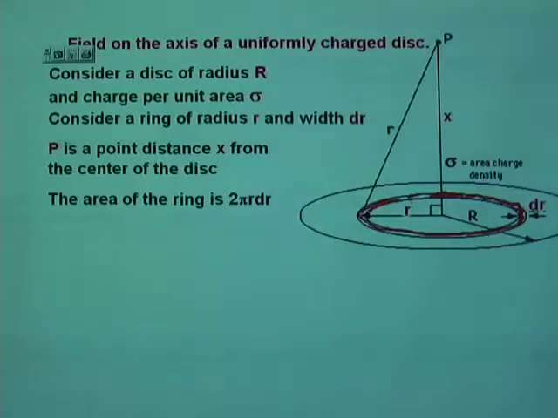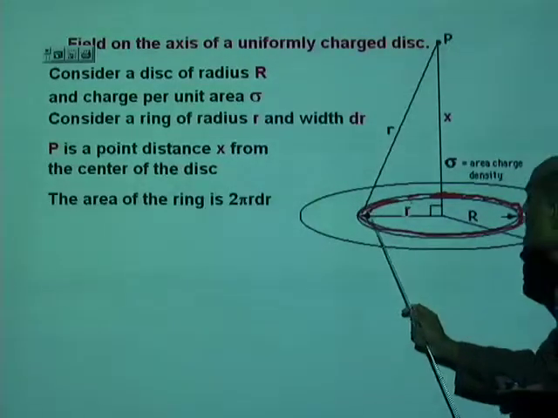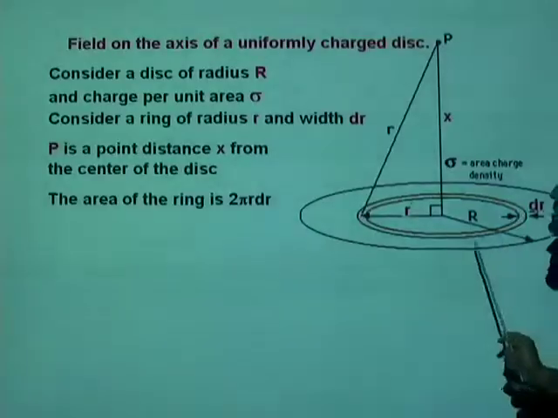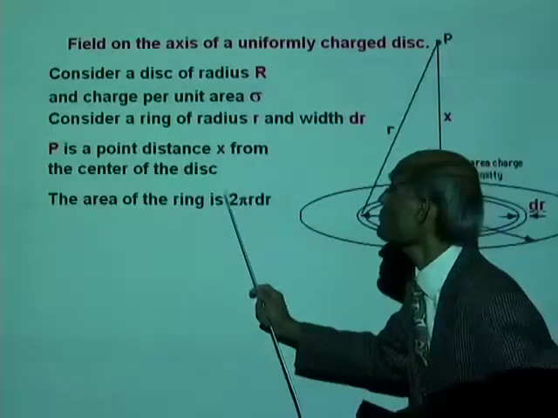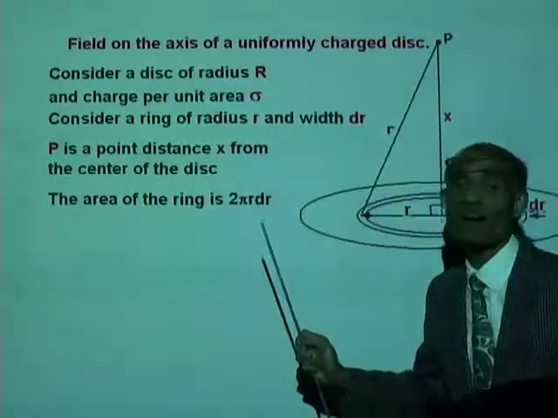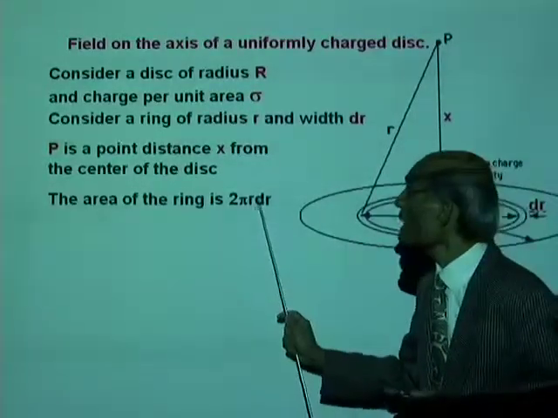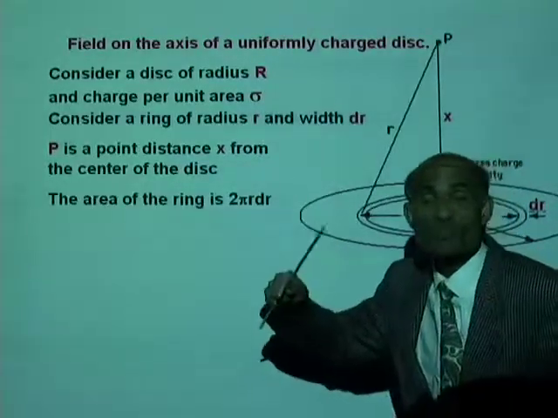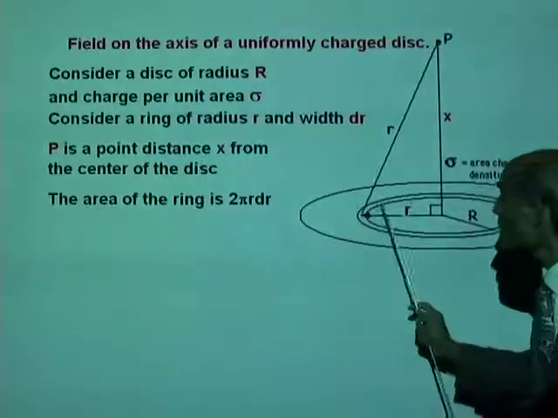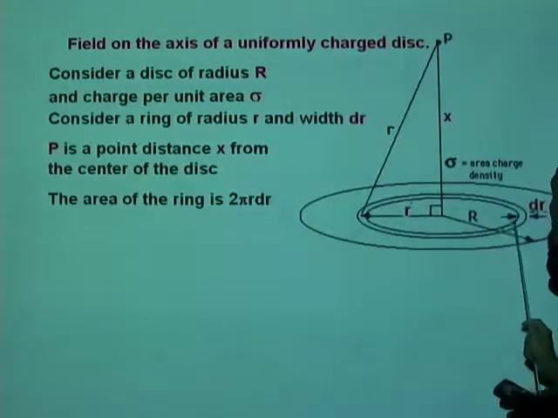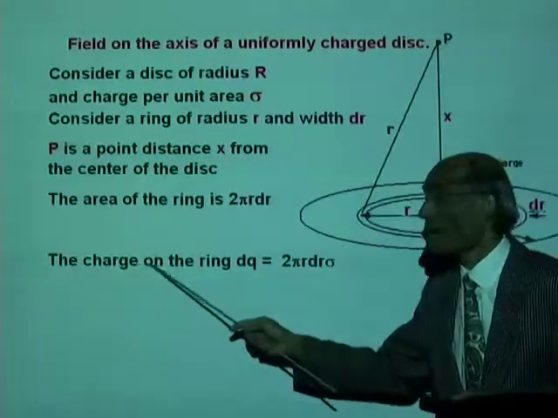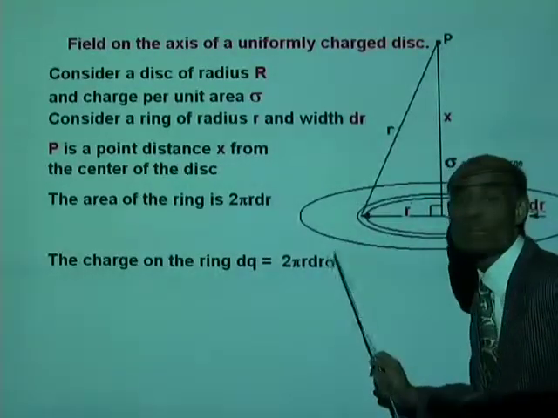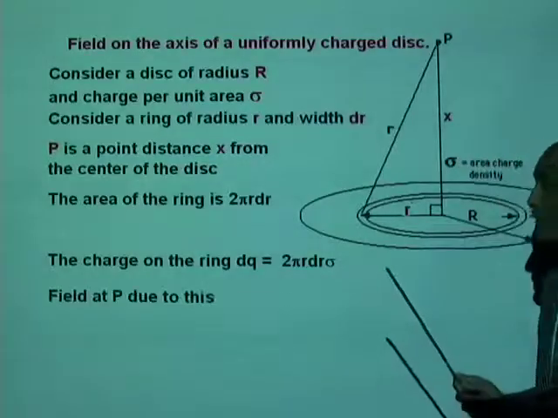That area equal to this circumference, this length, the 2 pi r multiplied by dr. So the area of the ring is 2 pi r dr. And if you multiply this area with sigma, sigma is the charge per unit area, that will give me the amount of charge on that ring. The charge on the ring is this area multiplied by sigma, the charge per unit area.